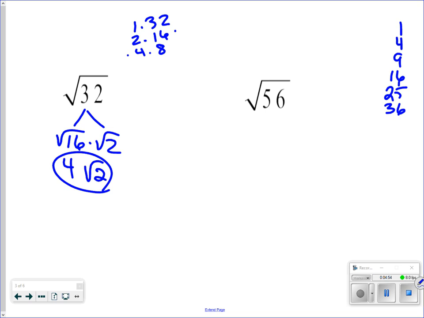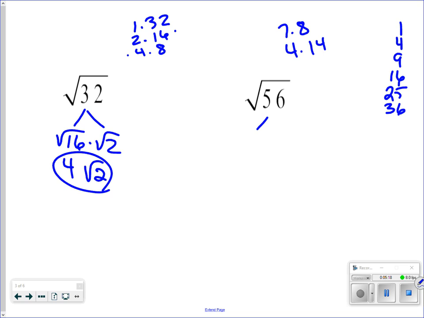56. What do you think is going to work for 56? You might think 7 and 8 and stop there, but 7 and 8 are not on your list. There is something that's a perfect square. You might have to look at your times tables. If you look long enough and hard enough, hopefully you'll find 4 times 14.